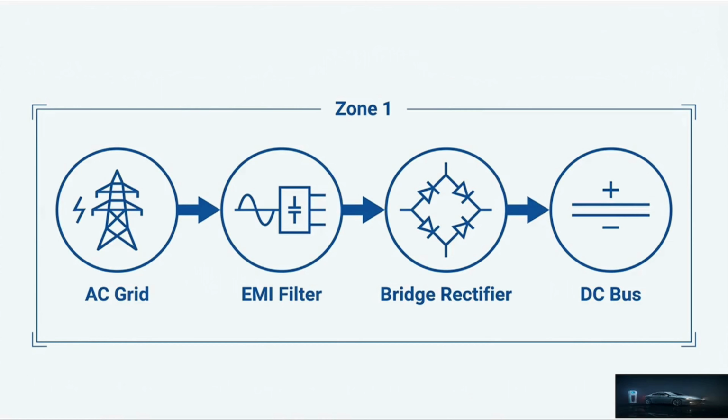Let me tell you a simple example. Think of a capacitor like a small water storage tank. It stores energy when the voltage is higher and releases the energy when the voltage falls.